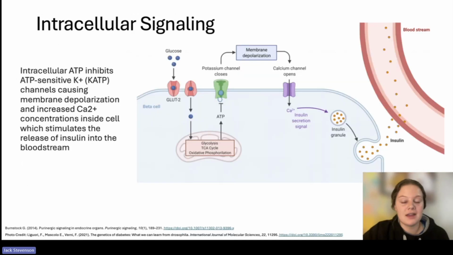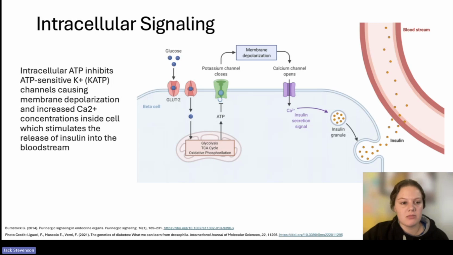And we've also got intracellular signaling. So you get your ATP from glycolysis, the citric acid cycle, and oxidative phosphorylation. And so this ATP in your pancreatic beta cells will inhibit these ATP-sensitive potassium channels, which causes them to close.